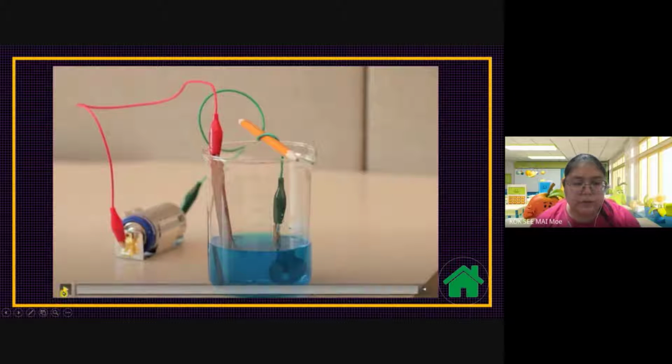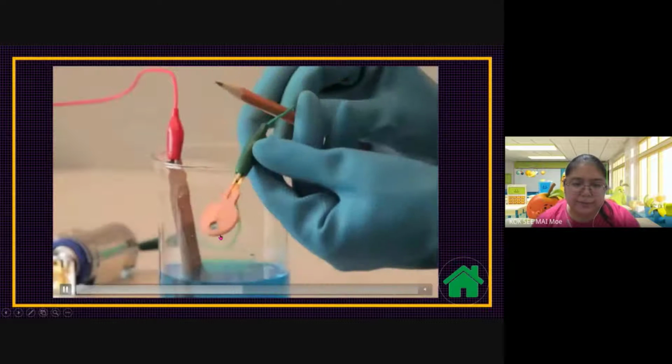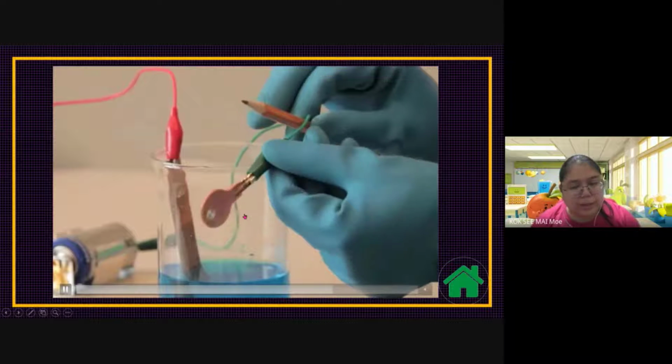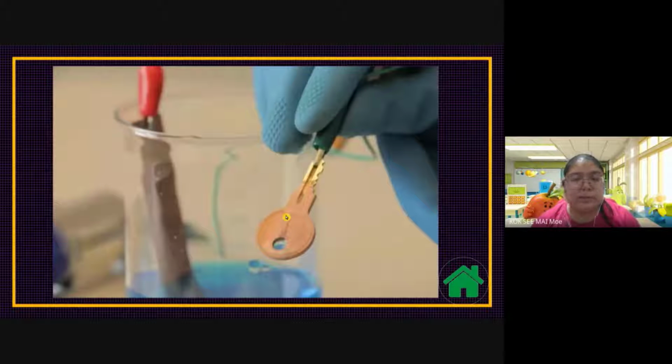So from here, we just start to see it. Finally, after some time, you can find the copper, or the iron, sticking to the key. So this one we call electroplating. It is almost the same as the purification process just now, but this one is not about pure and impure.